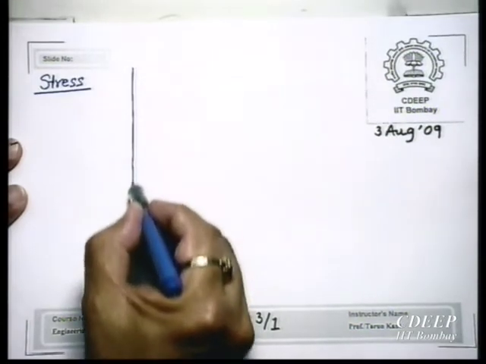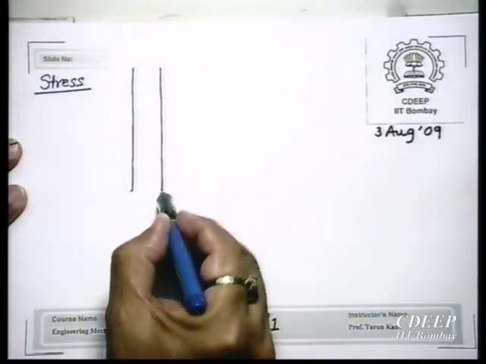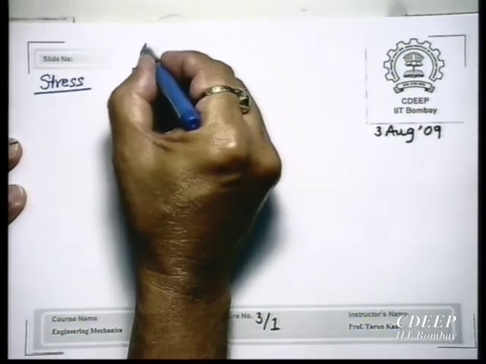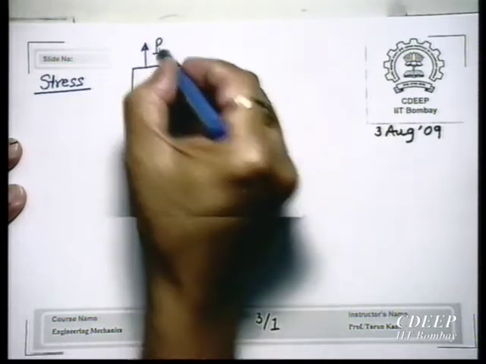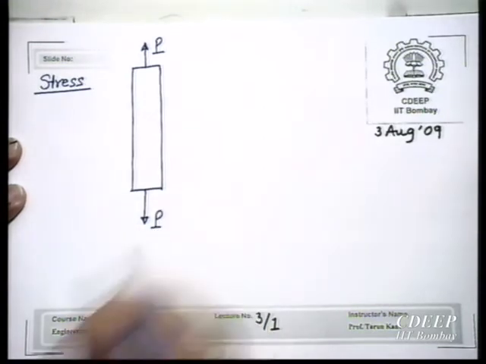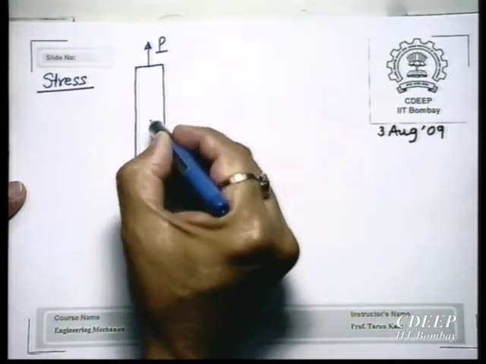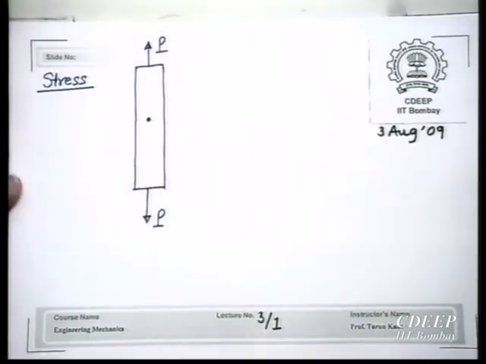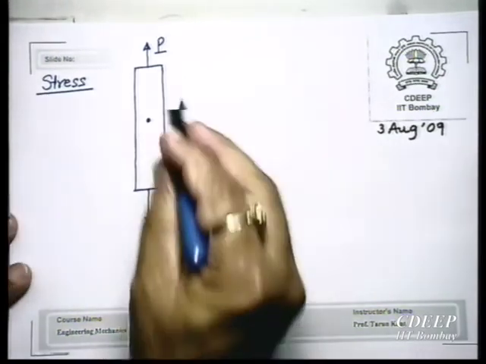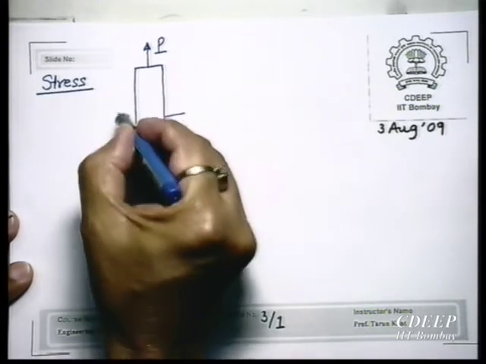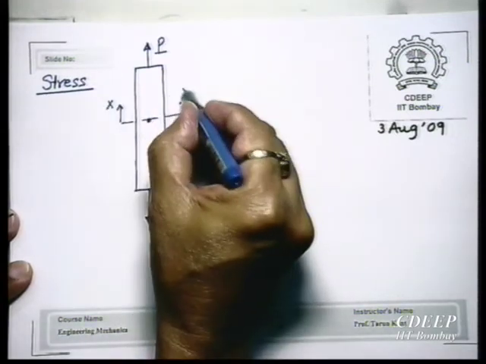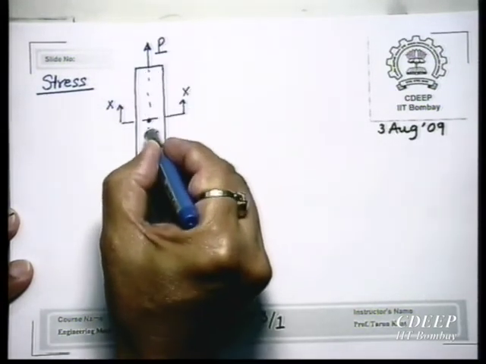So, we had a rod which is subjected to tensile load P, and then we wanted to know somewhere inside the body what is the stress at point P. So, what I did, I took a plane perpendicular to this axis.